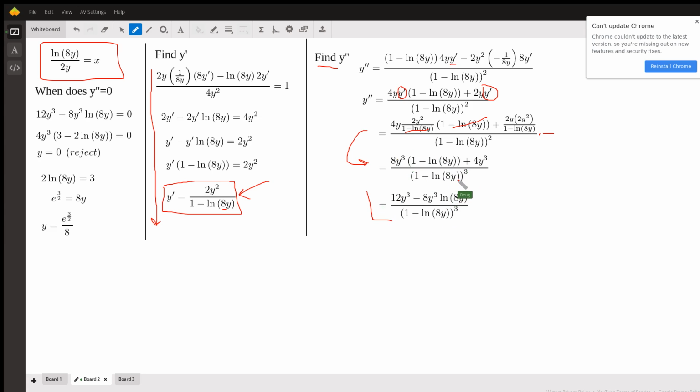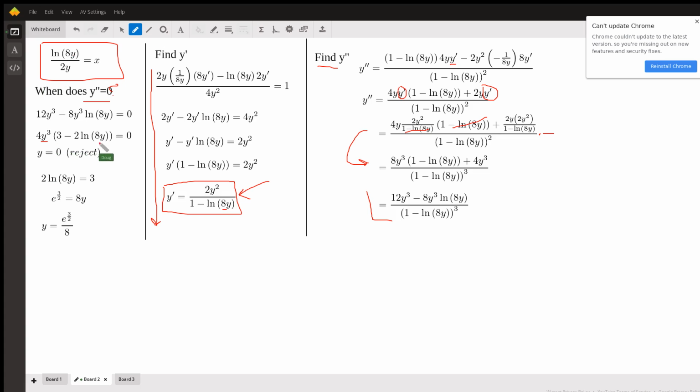And now I want to know, when does that second derivative, when does y double prime equal 0? Well, it only equals 0 when the numerator equals 0. That's one way to think about it. If I factor out a 4y cubed, I get 3 minus 2 ln of 8y equals 0. That means that y could equal 0, which is rejected because y has to be greater than 0 for this function definition.